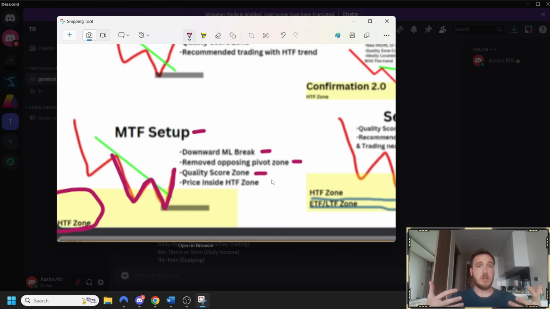What is a strong quality zone? Price is going over 2 to 1 within the first 3 candlesticks, breaking the momentum line, and removing the opposing zone. These are all things that I require on my entry time frame. Guaranteed. That is the multiple time frame setup.